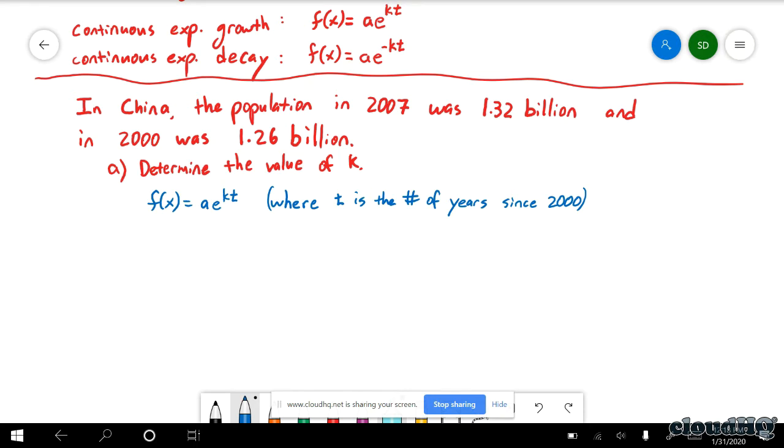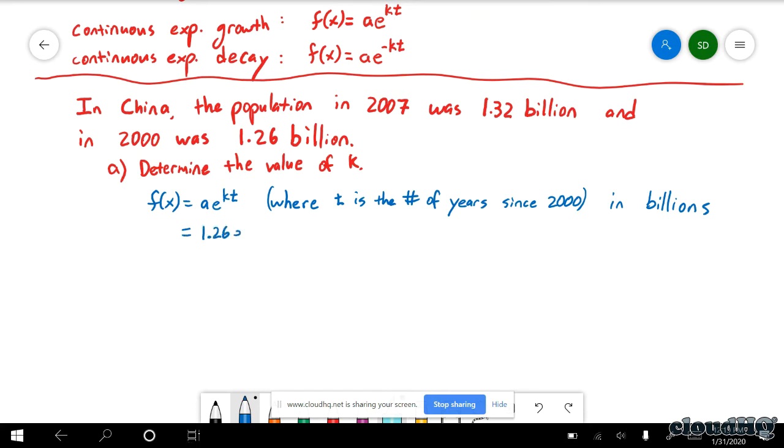The initial amount was 1.26 billion. I don't really want to write billion. I would rather write 1.26. So I'm also going to make a notation up there that it's in billions. That way you don't have to write it, but we understand that our population is measured in billions. So in 2000, it was 1.26 billion.